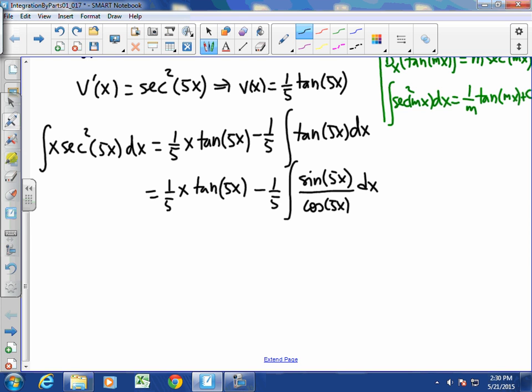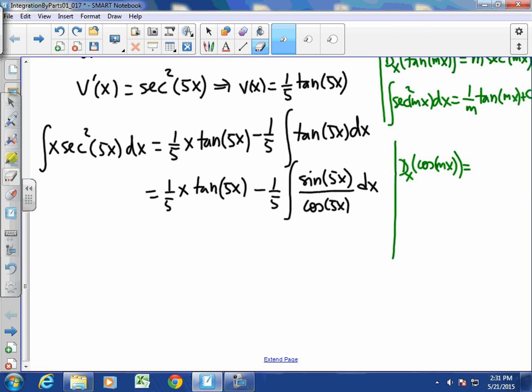Now, we also know that the derivative of cosine mx is negative m sine of mx.